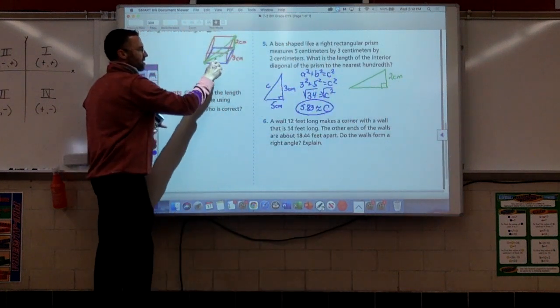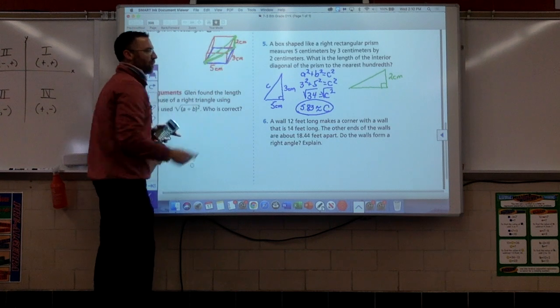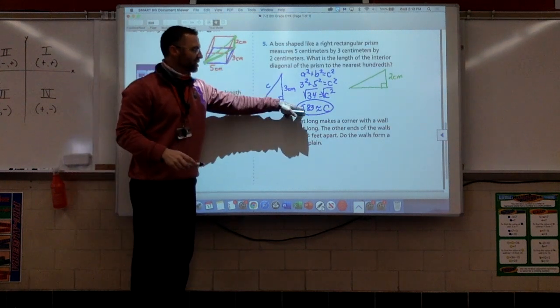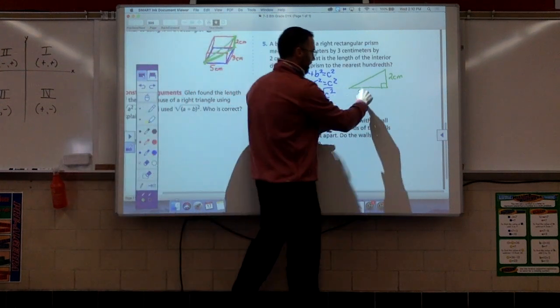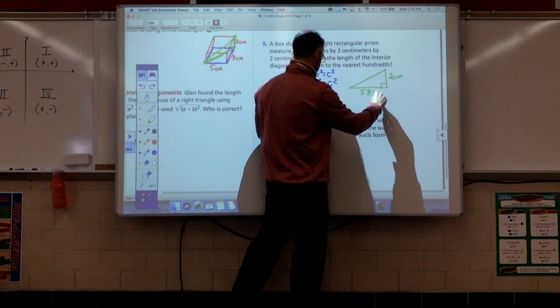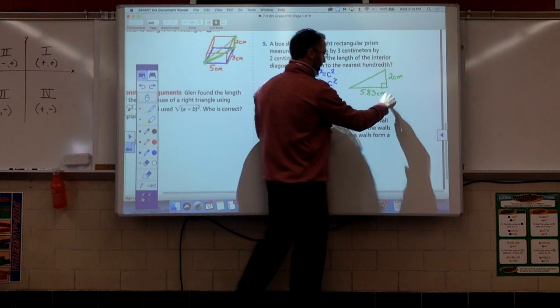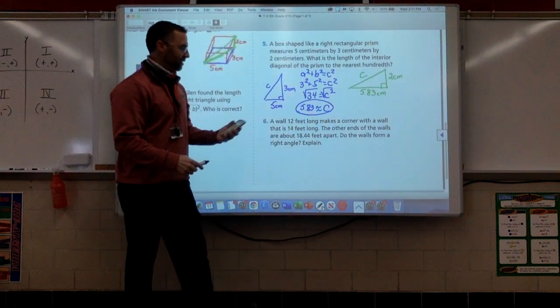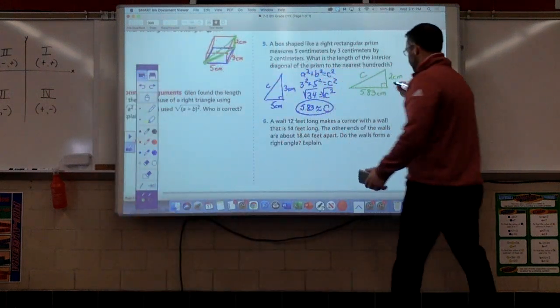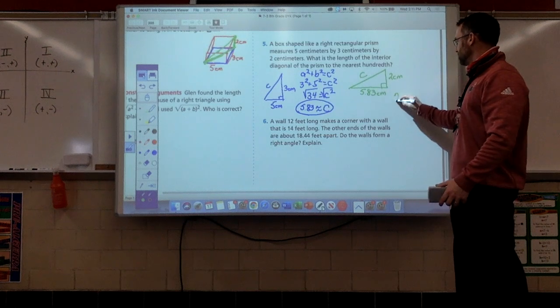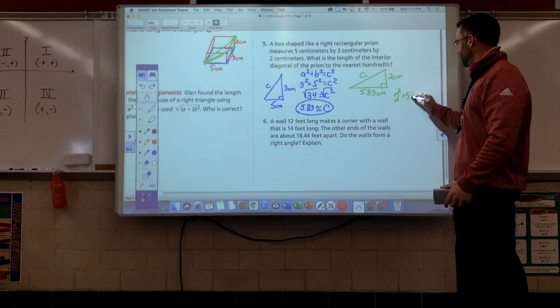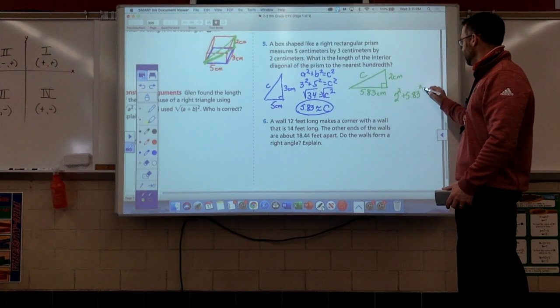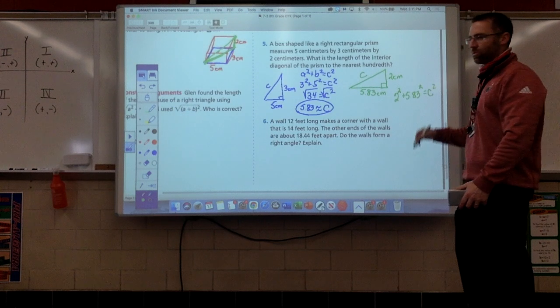The length of this other side is what we just found, approximately 5.83 centimeters. We have to find the length of that diagonal. a squared and b squared: 2 squared plus 5.83 squared equals the hypotenuse squared.